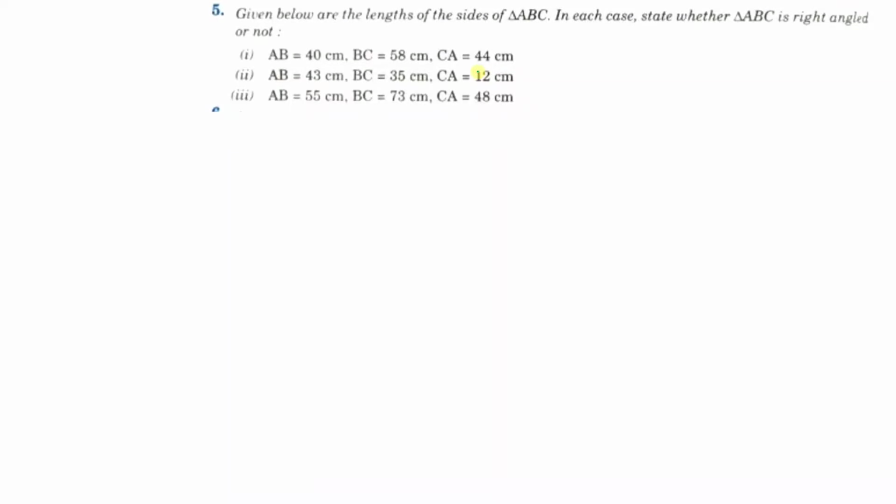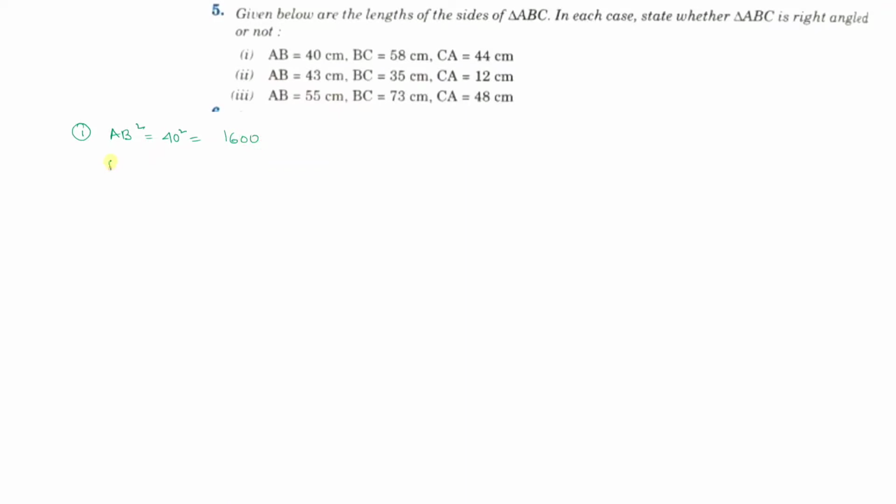Just first you have to find the square of each side. AB square is equal to 40 square, meaning 1600.